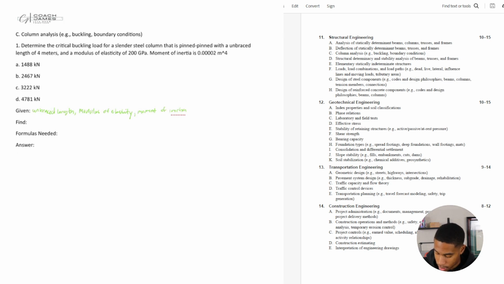It says it's pinned. Don't know if this is important, but it's pinned. And it's a steel column. So it says determine the critical buckling load. Okay, so we're trying to find the critical buckling load.